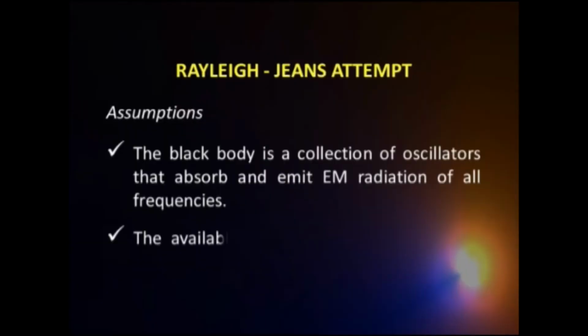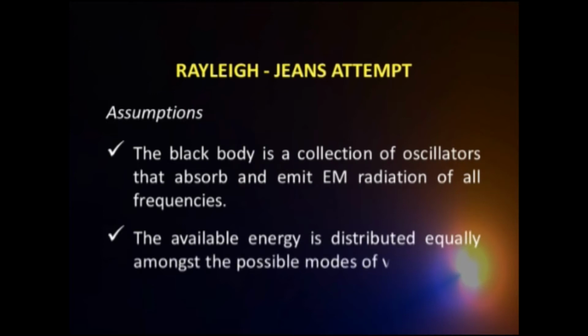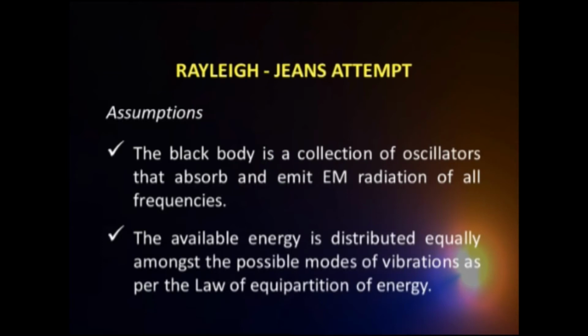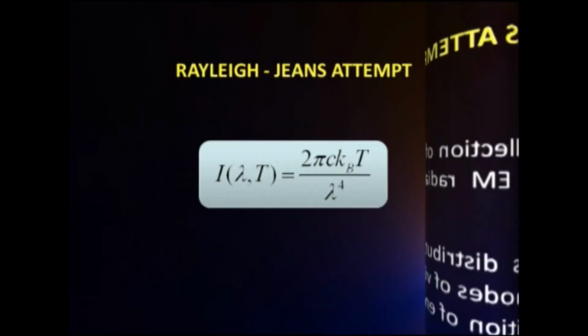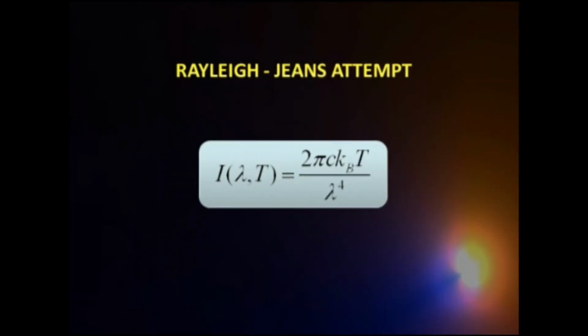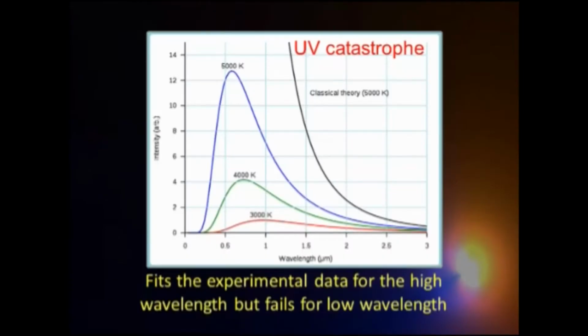That is, in classical mechanics, energy is continuous. The second assumption was that the total energy available to a system is distributed amongst all possible oscillators in the system. On the basis of these two assumptions, Lord Rayleigh formulated an expression, and this expression was in reasonable agreement with the high wavelength region of the black body radiation spectrum.